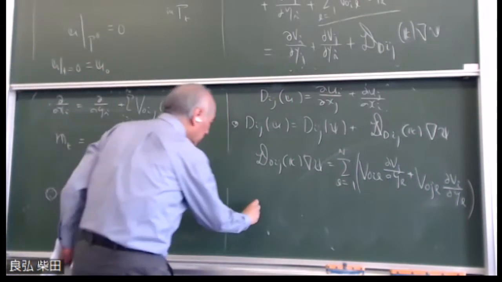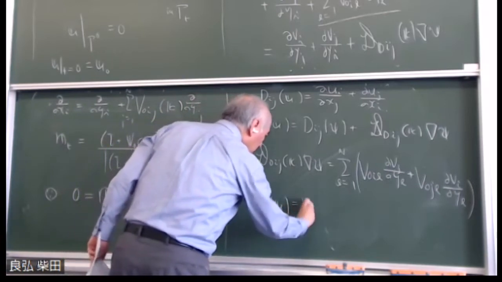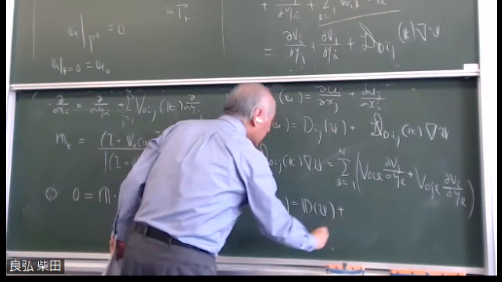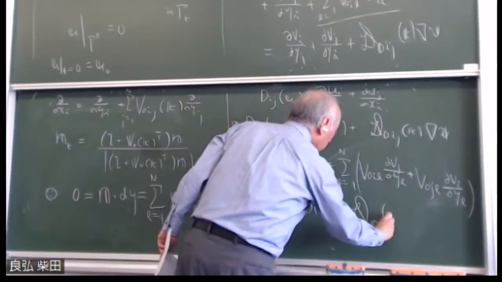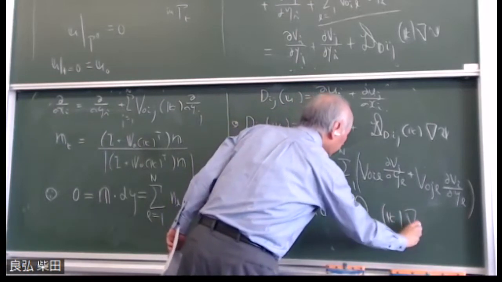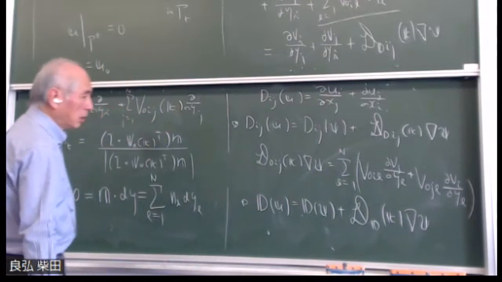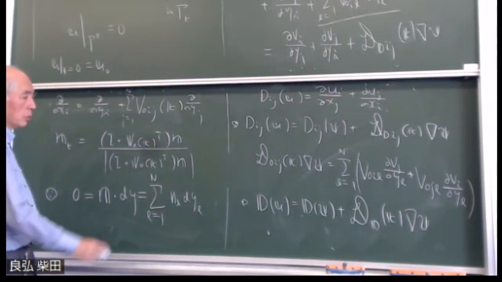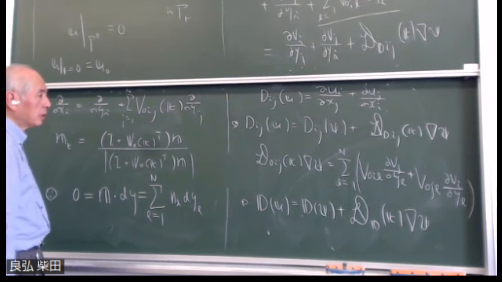We also write this as du. It's the matrix form of the change of the deformation tensor.